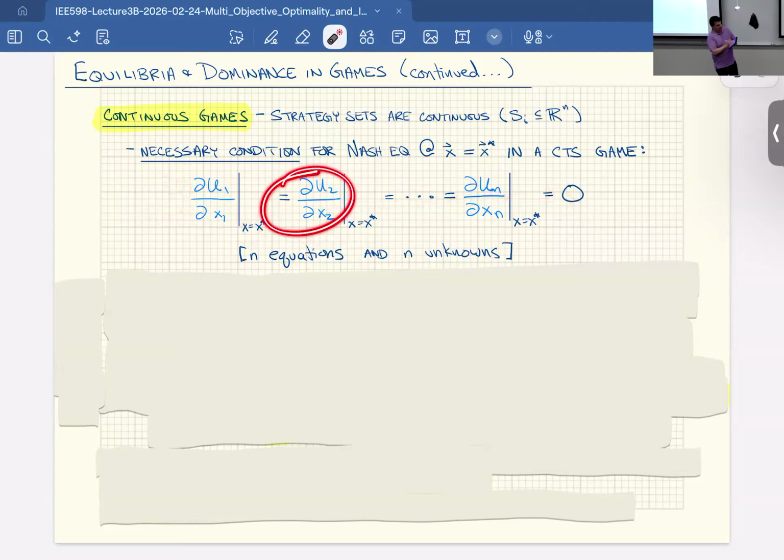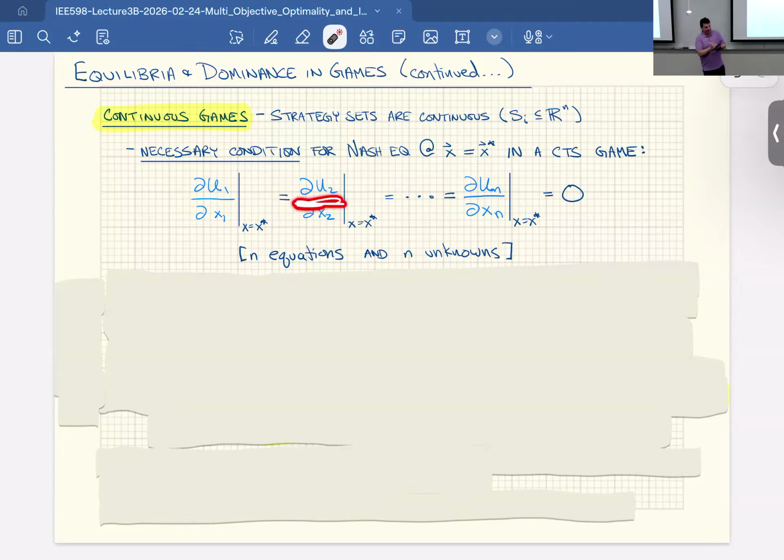So for any agent or any actor, any player, the partial derivative of their utility with respect to their decision variable, what they have control over, is equal to 0. If they all are mutually equal to 0, we have a necessary condition, not necessarily sufficient, but necessary condition for a Nash equilibrium. So this sets up n equations and n unknowns.